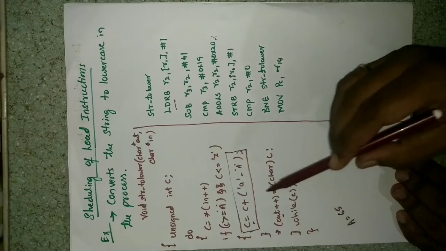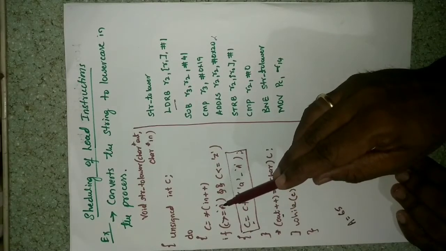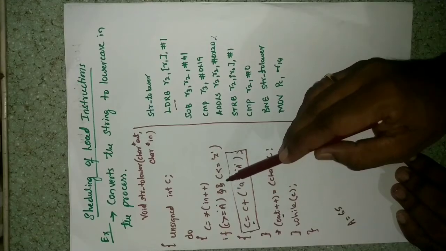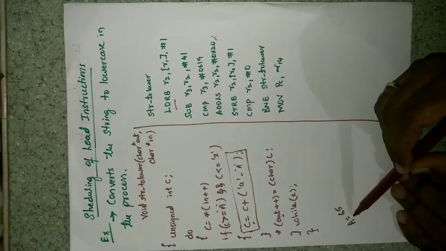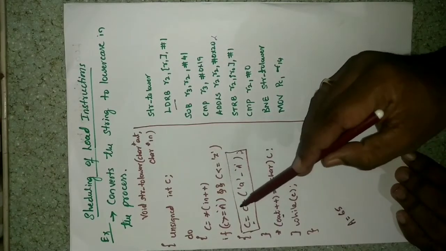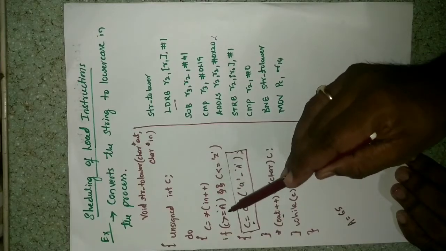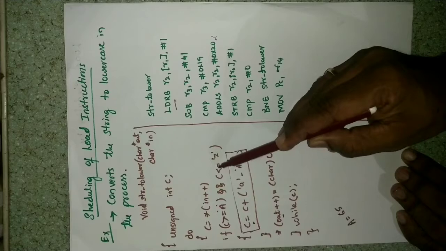Okay, now is c greater than or equal to 'A' and c less than or equal to 'Z'? Capital A is greater than or equal, it is equal. Okay, satisfied. And the operation with c less than or equal to Z, it is less than Z.